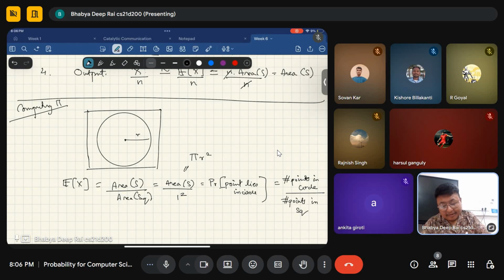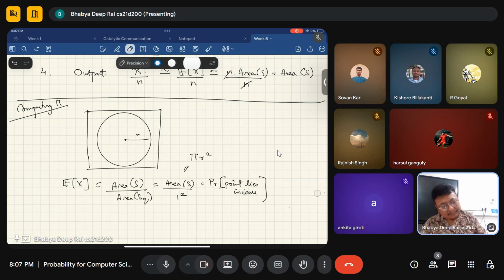Okay, sorry. Point in circle. Rather than the number of points in circle, I say the number of points sampled in circle divided by the total number of points sampled. Sorry, we are sampling as we go, so you'll get the answer this way.